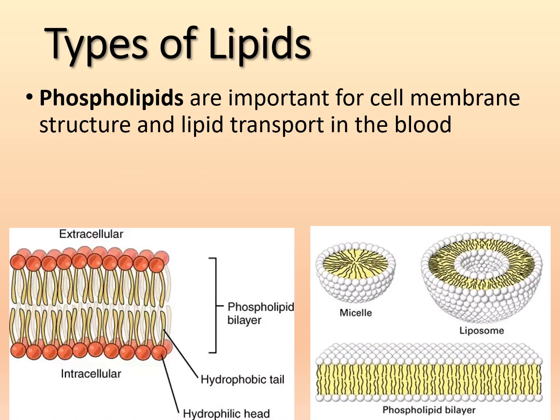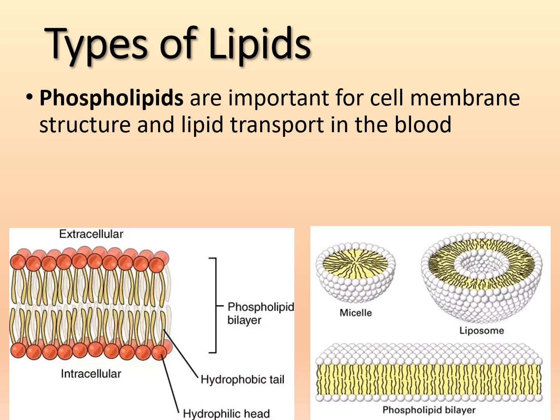Let's go through some of these more complex lipids a little more closely. As we go through this, remember what the core of a lipid means: it doesn't dissolve in water. We have a term for that, hydrophobic, meaning it doesn't like water, so it's not going to mix with water. This is going to be very important as we continue our conversation. Phospholipids are very important for our cell membrane structure, but also for lipid transport in the blood.